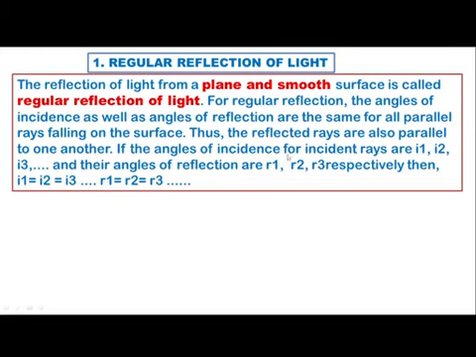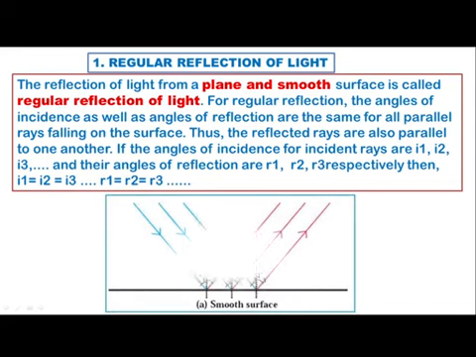If the angles of incidence for incident rays are I1, I2, I3 and their angles of reflection are R1, R2, R3 respectively, then I1 is equal to I2 is equal to I3, R1 is equal to R2 is equal to R3. See this figure. These three are rays of incidence.